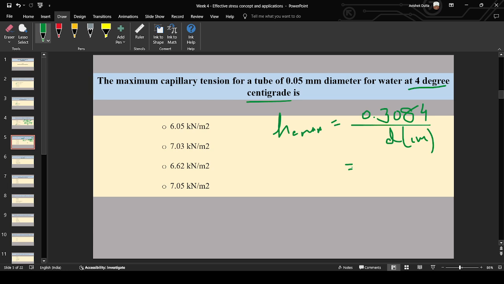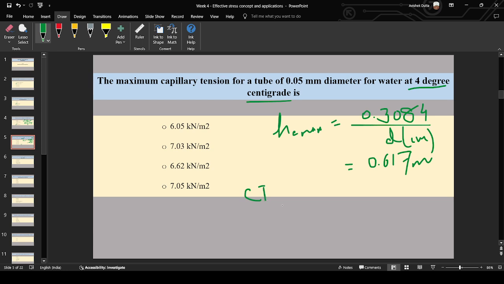To convert it into meter, we get approximately 0.617 meter. Here we can take gamma W to be 10, but with 10 there is no solution, so we take gamma W as 9.81.